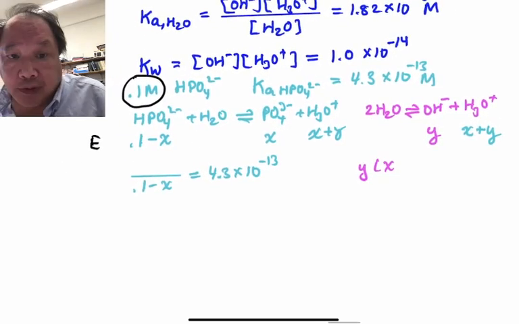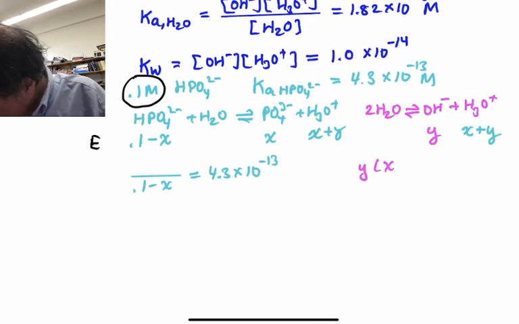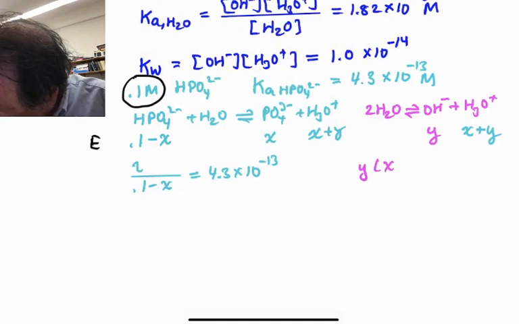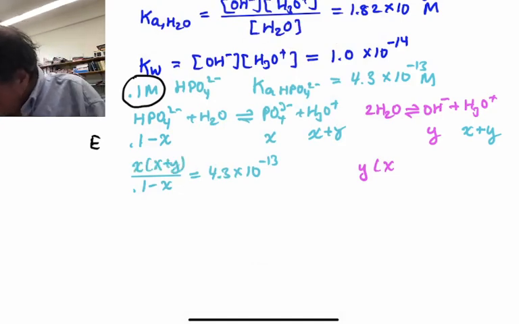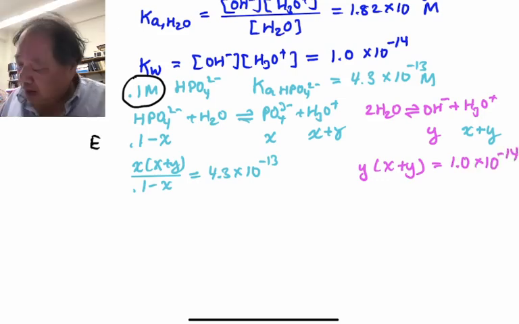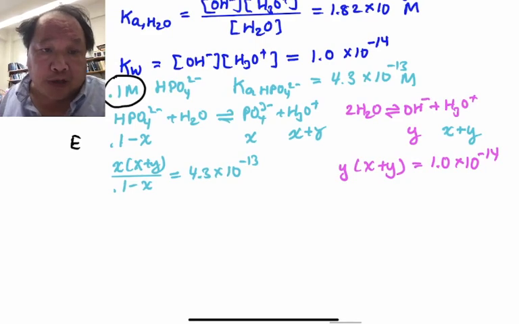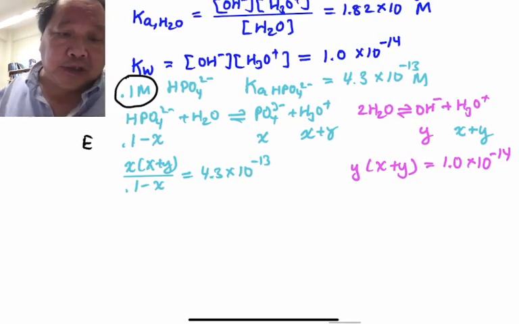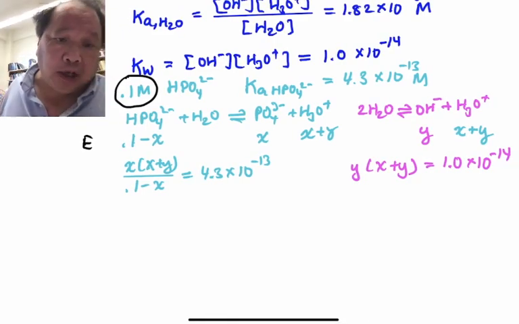So in the numerator we have X times X plus Y. Again, X plus Y is the H3O+ concentration, and that's equal to 1.0 times 10 to the minus 14, Kw. And pause the video, please, and see what progress you can make on solving this problem.